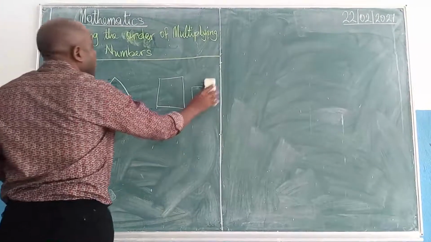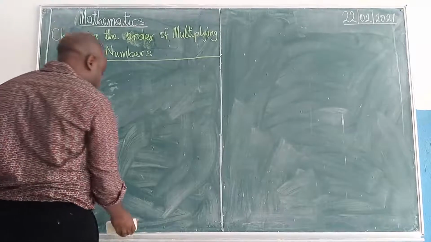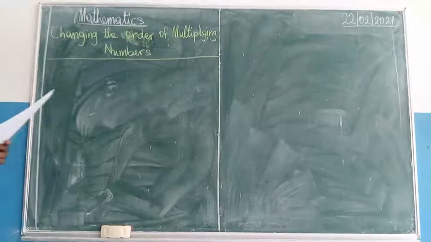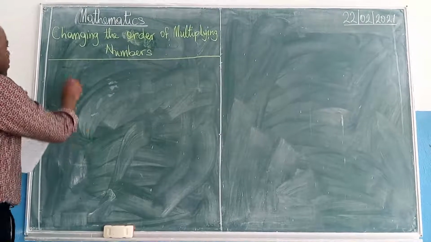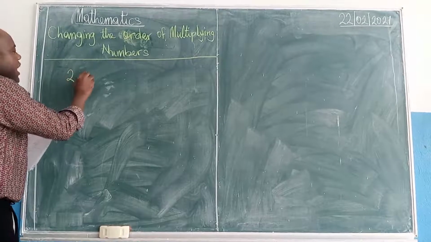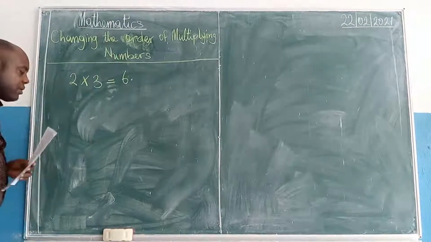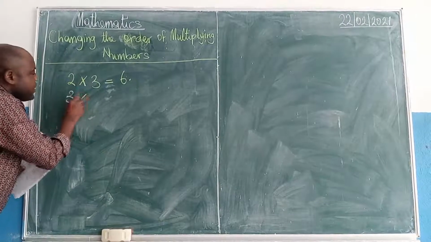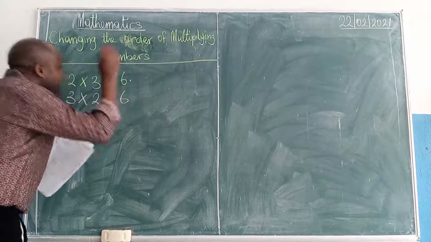So this morning, we are going to look at changing the order of multiplying numbers. Now, if I have a number, say 2 times 3 is equal to 6. We also know that 3 times 2 is equal to 6.